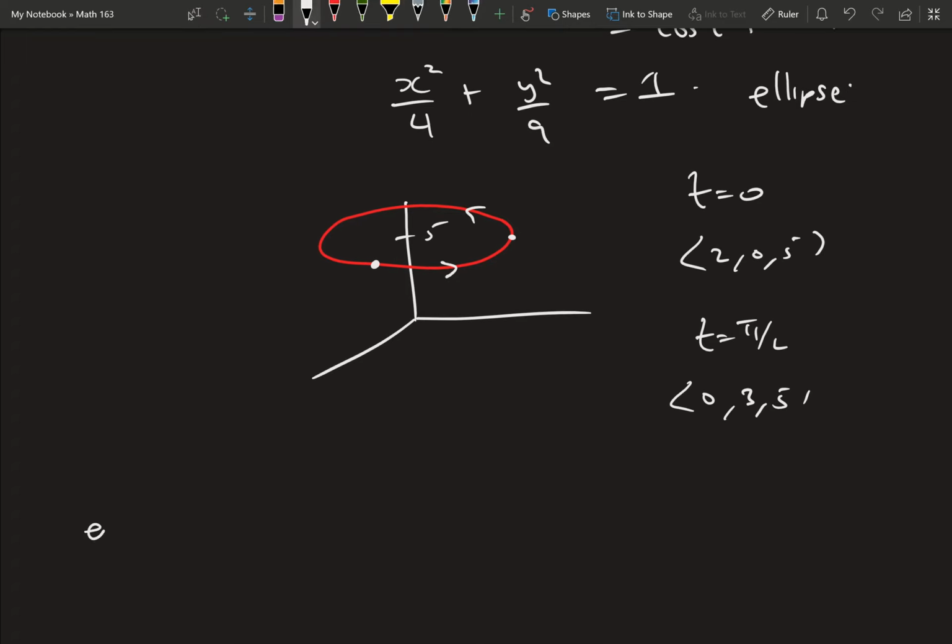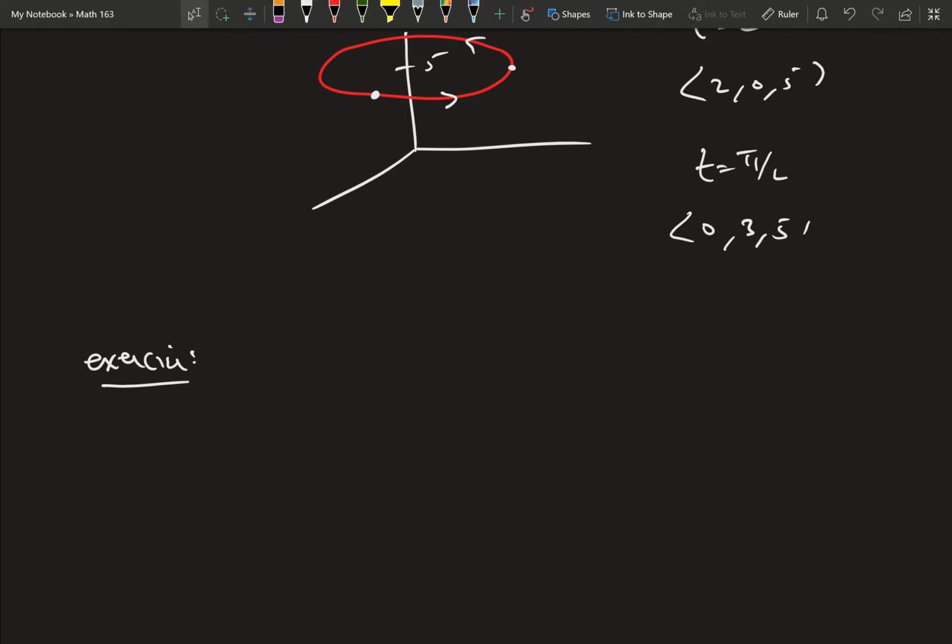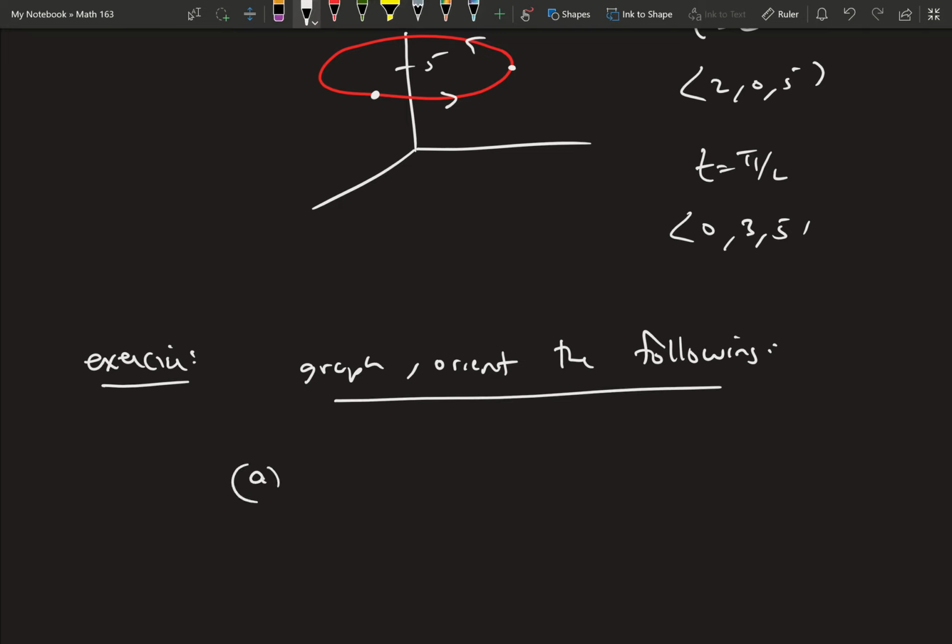Let me give you an exercise to try: to graph and orient the following. A would be r of t equals t, t squared.